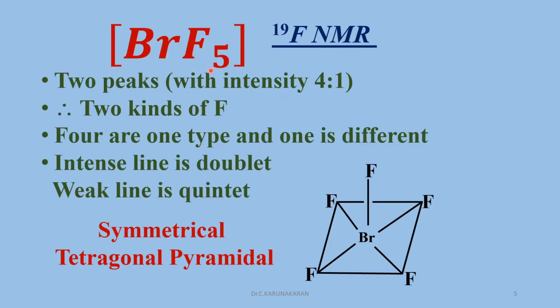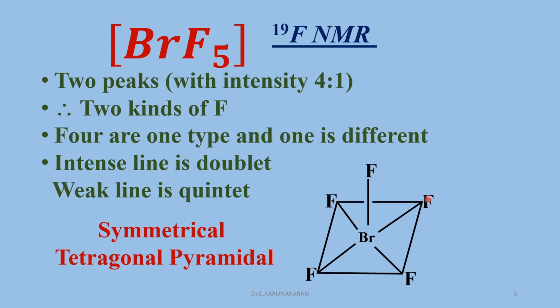Similarly, for BrF5, the structure is studied by using fluorine 19 NMR. In this case, two peaks are observed with intensity ratio 4:1. It shows that there are two kinds of fluorine: 4 are one type and 1 is a different type. The intense line is a doublet because it is a tetragonal pyramid.